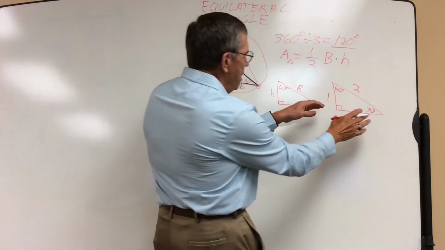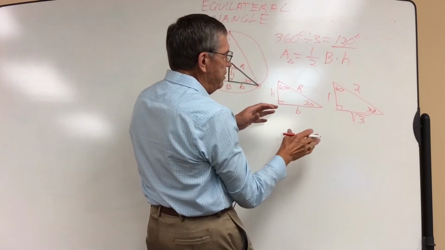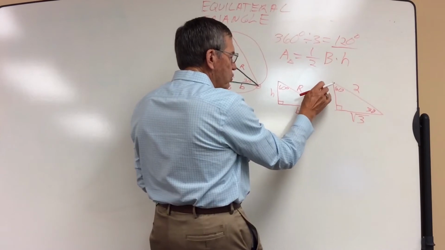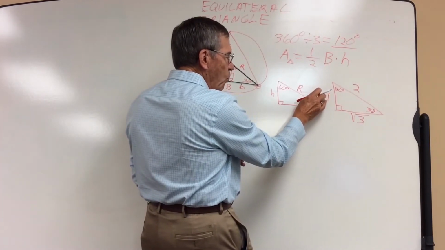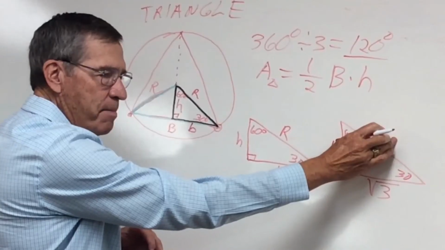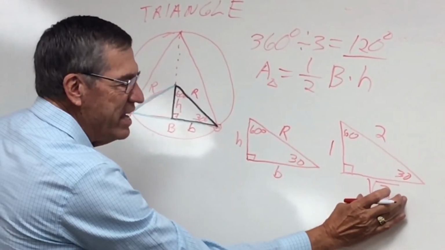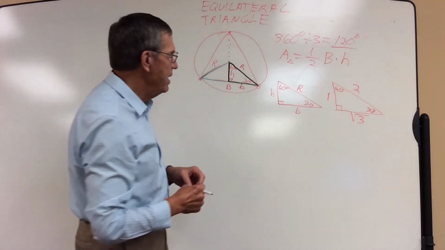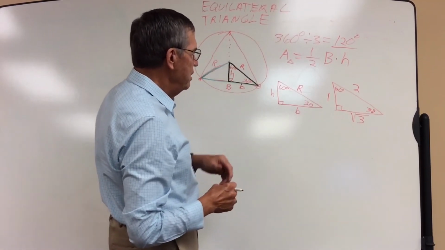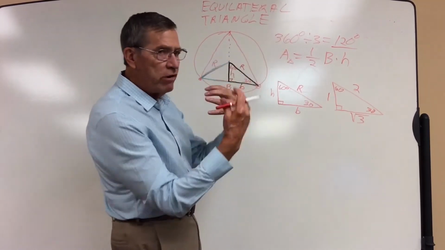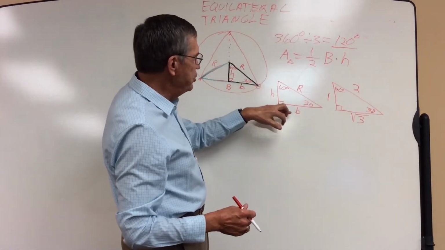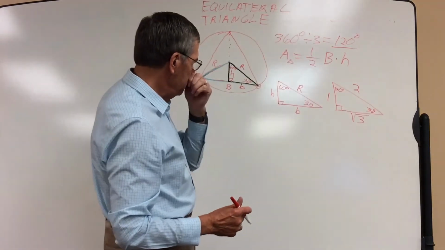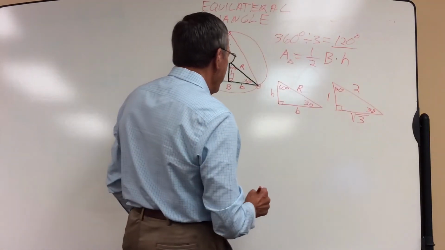So any 30, 60, 90 triangle will have sides in the ratio of the smallest side being 1, the largest side, the hypotenuse, being 2, and the intermediate side being the square root of 3. Now that's helpful to us because we can relate in ratios what h and b must be compared to r.